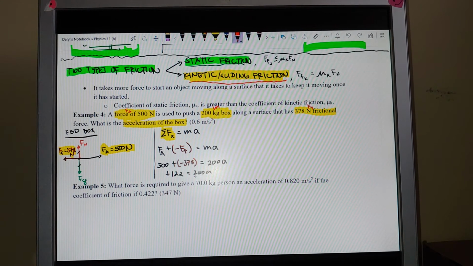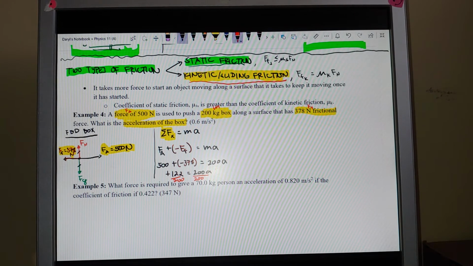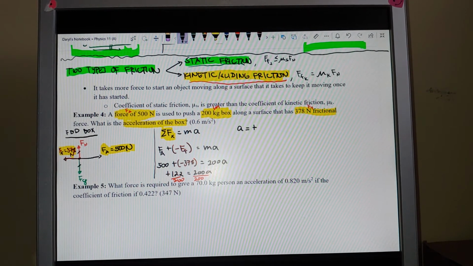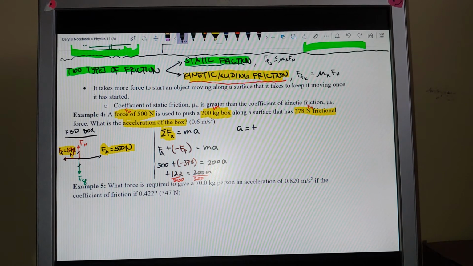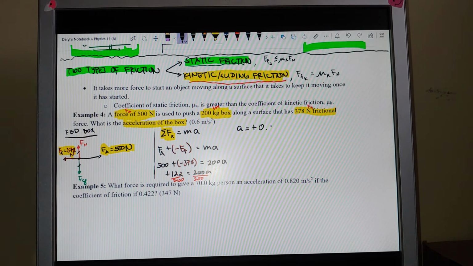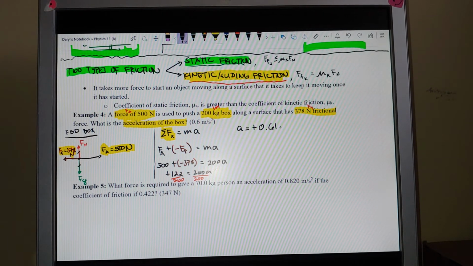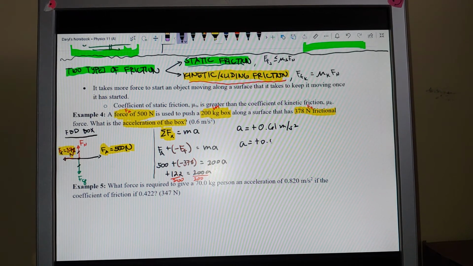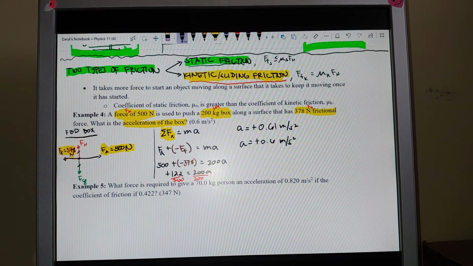So to solve for a, divide by 200 on both sides. The acceleration is plus 0.61 meters per second squared, but in one significant digit, that would be positive 0.6 meters per second squared.